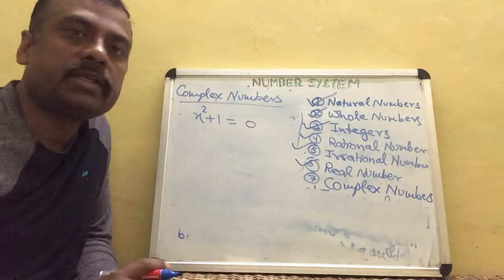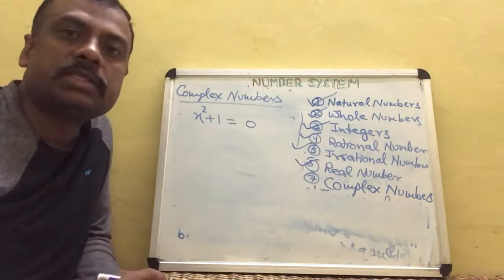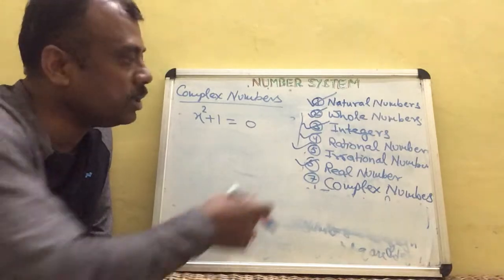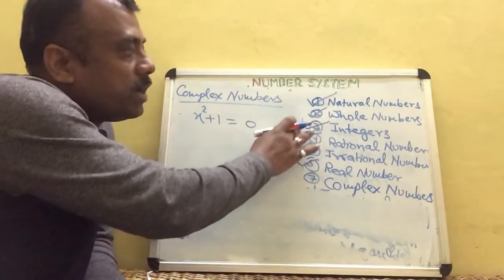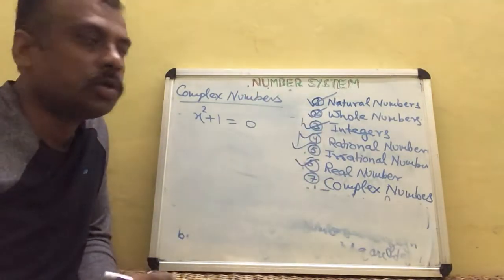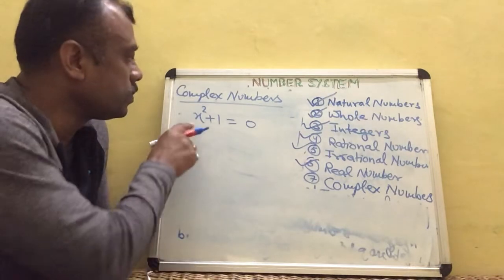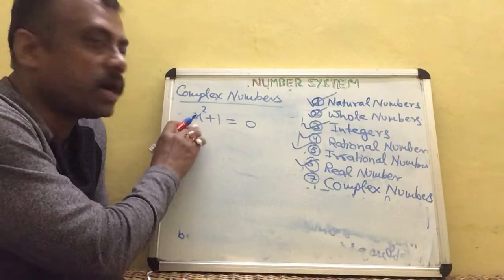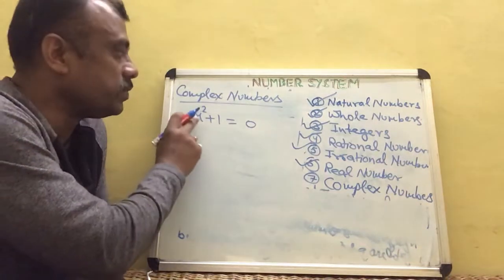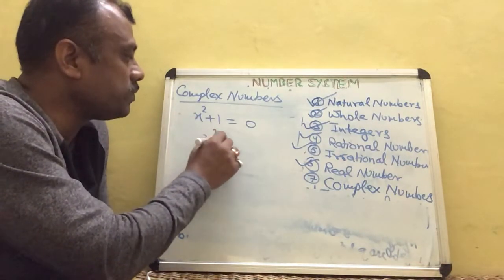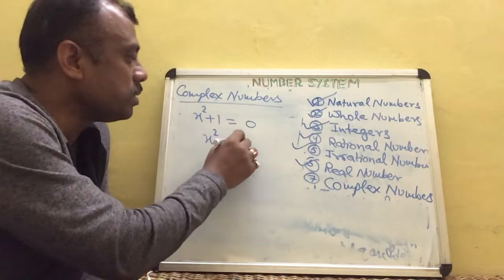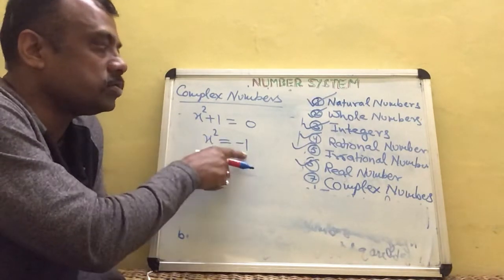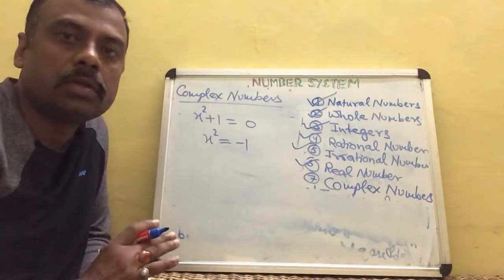If we try to find the solution of this equation, we will not be able to find it in any of the above number systems, because we don't have numbers whose square is -1. From this equation we require x square equals -1 so that it becomes 0.